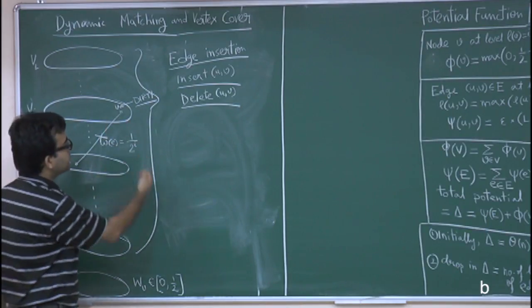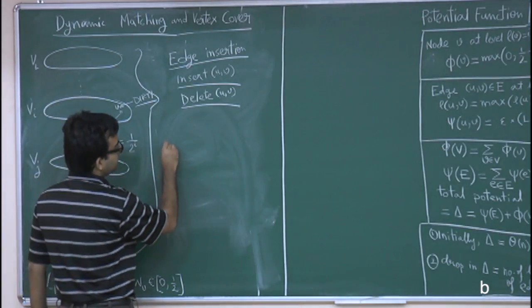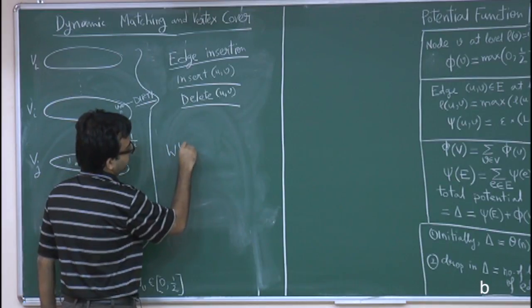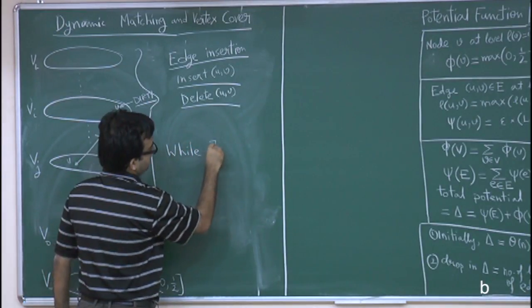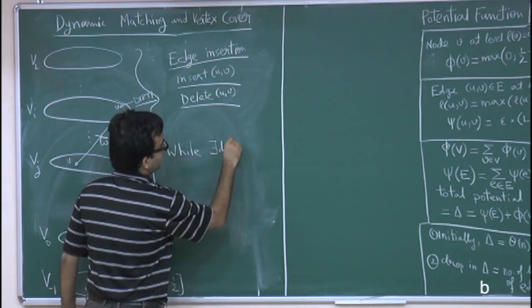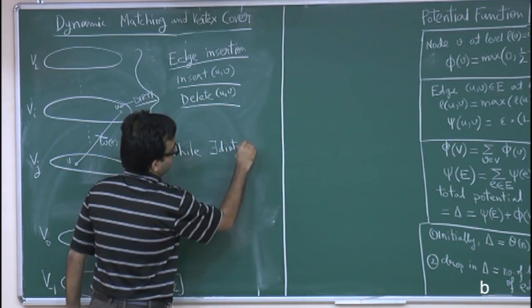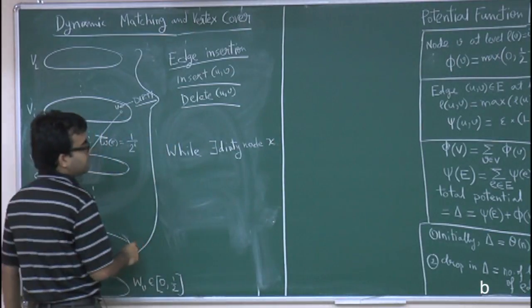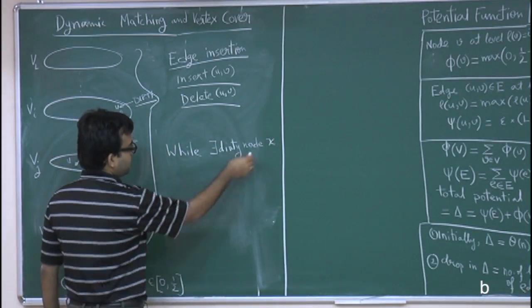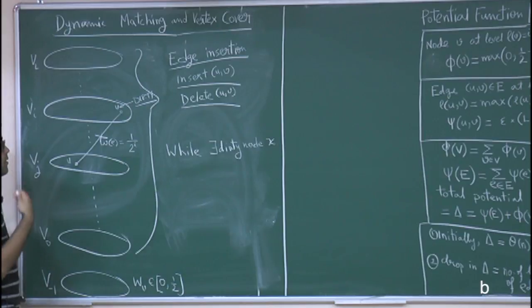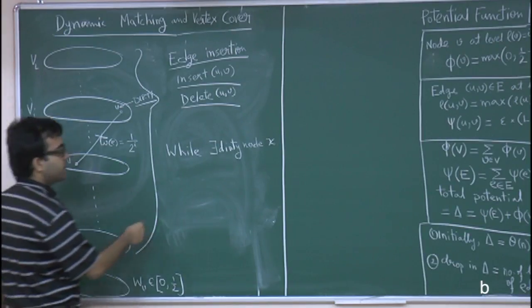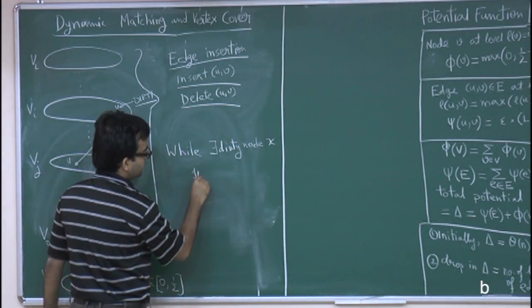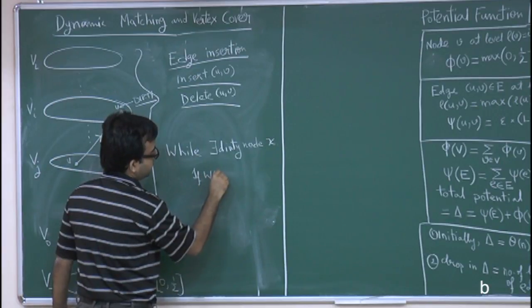So, basically we need a subroutine, a while loop that will just consider the dirty nodes in arbitrary order and fix them. And this was the while loop. While there exists a dirty node x, you do the following thing. This node x is dirty because of one of two reasons, right? Either its weight is too large or its weight is too small.